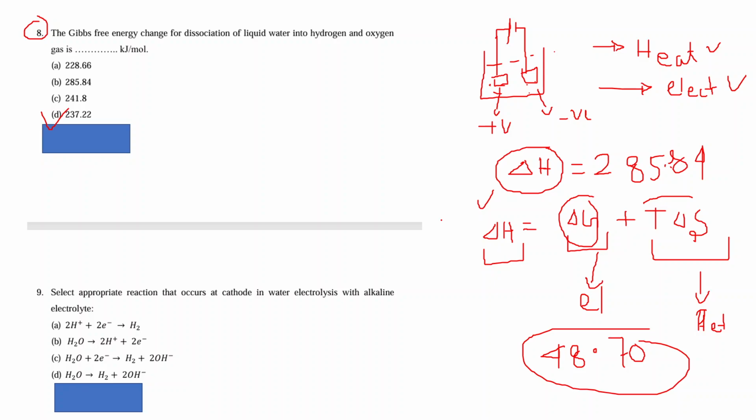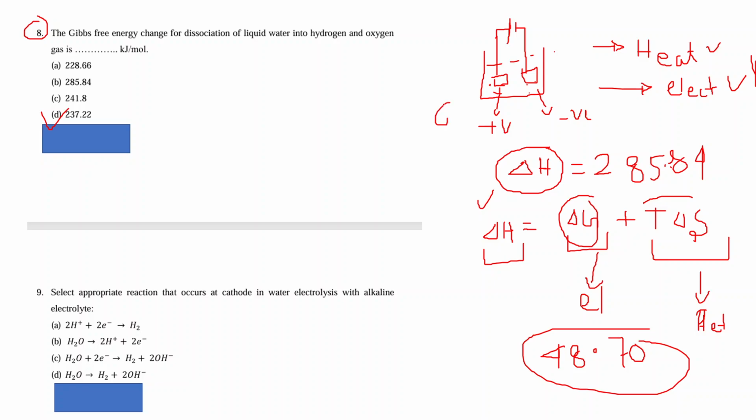PEM water electrolysis is also commercialized to some level, but anion exchange membrane water electrolyzer is still not commercially viable. In alkaline water electrolyzer, OH minus will get attracted by the anode electrode. Anode electrode means your positive electrode.